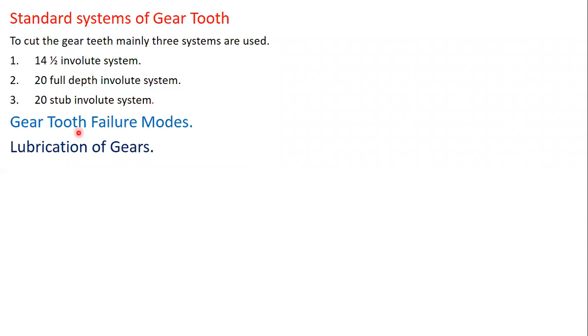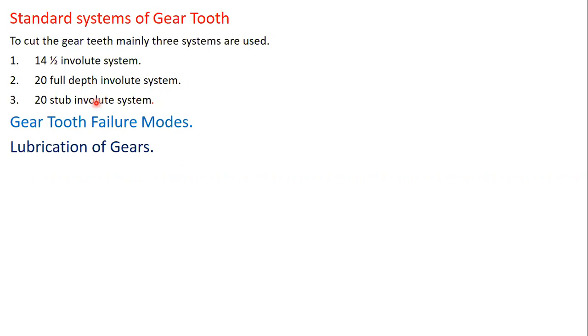And the next one is gear tooth failure modes. Before that, you should know the advantages of using the 20 degree stub involute compared to the 20 degree full depth involute system. The first advantage is less interference due to the shorter addendum.